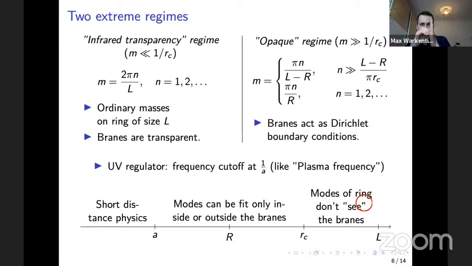The field cannot escape the plates, and then we would have the usual Casimir result. But in this case, we have these low frequency modes which don't see the branes because they're infrared, and therefore they are not captured. And this is what at the end leads to this result.